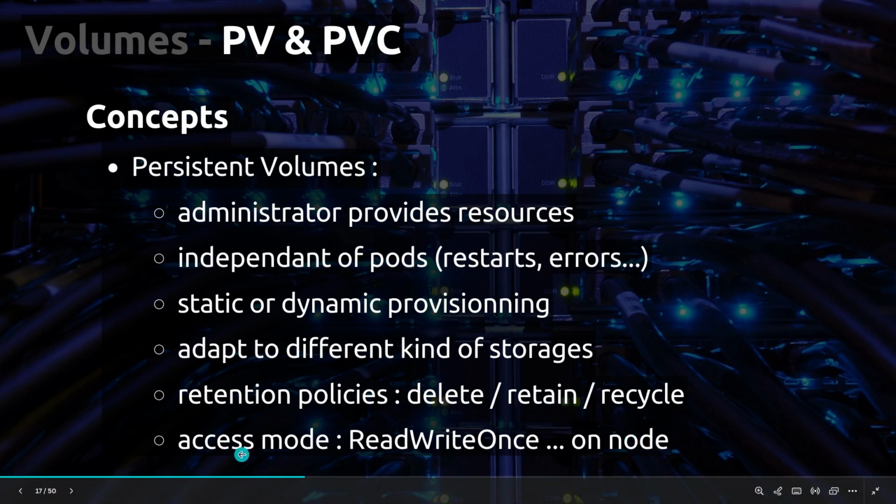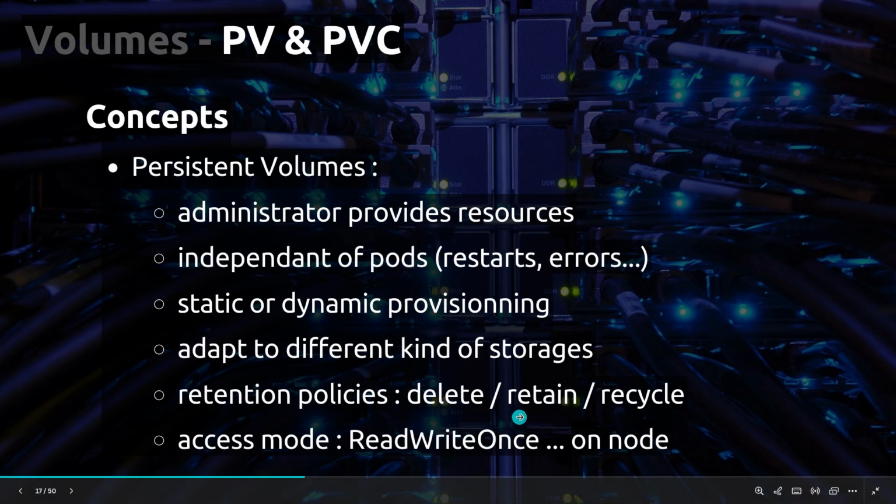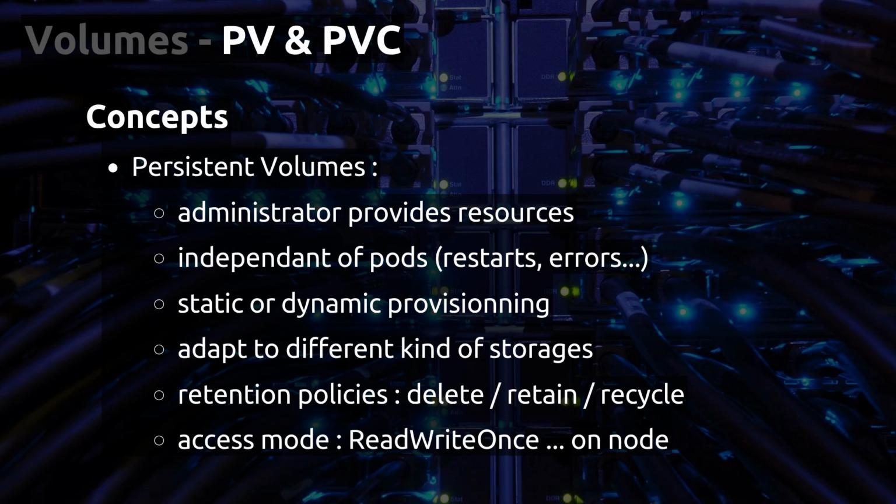Another thing that the administrator needs to take care of is the access mode. If you want to mount read-write once, but it's not on pod side, it's on the node side.